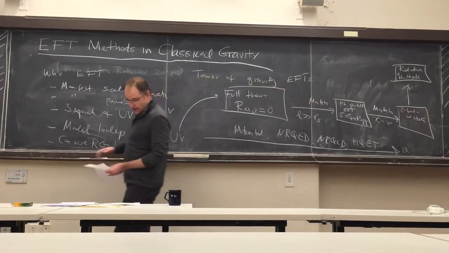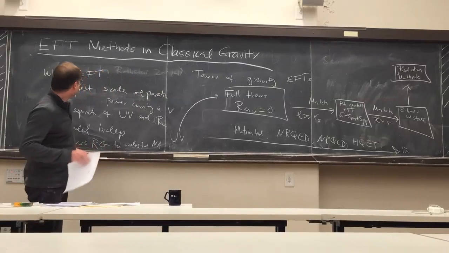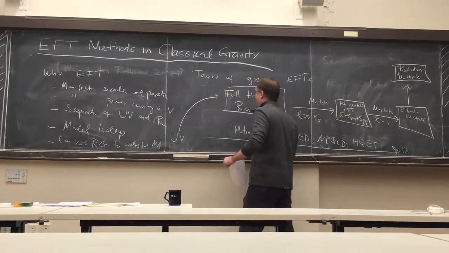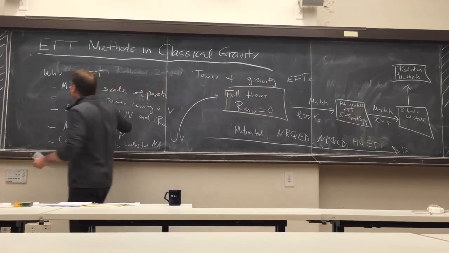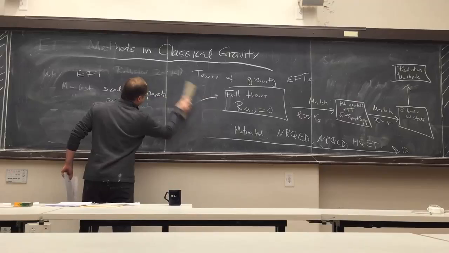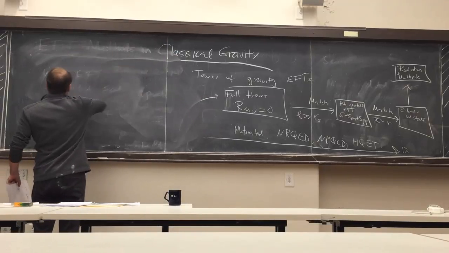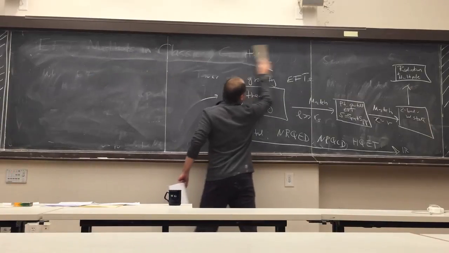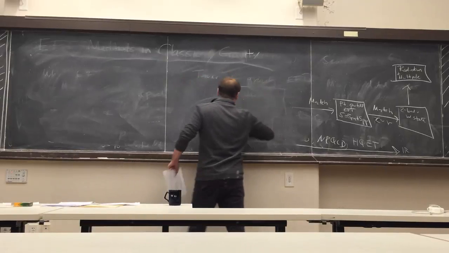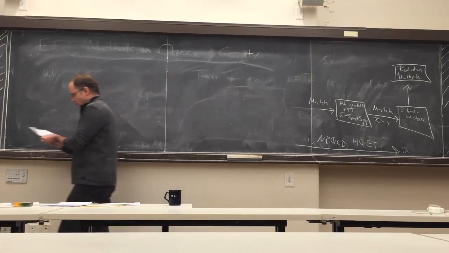So those are the theories, and let me describe them one at a time, starting from short scales going all the way to long scales. Let me first talk about matching onto a point particle.